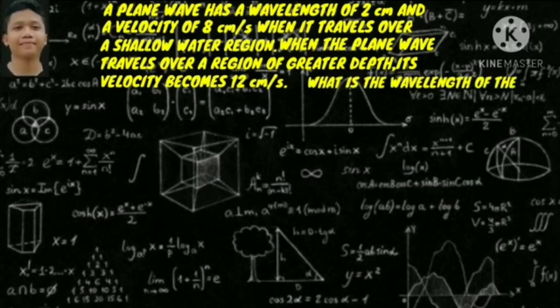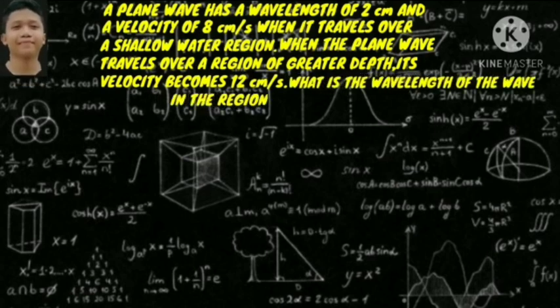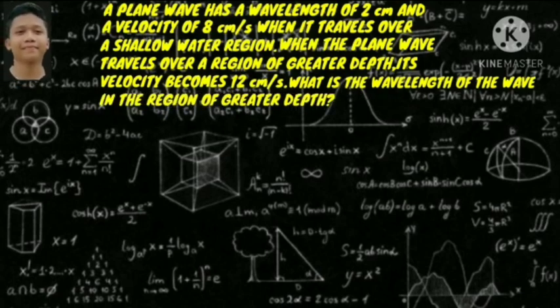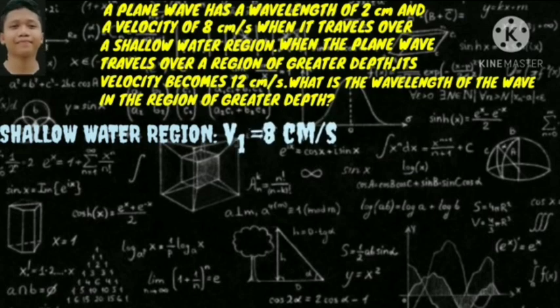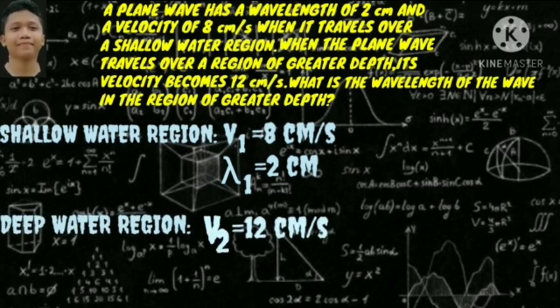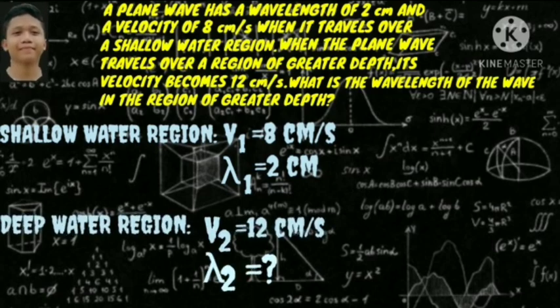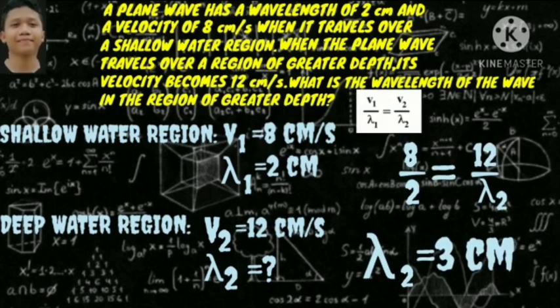What is the wavelength of the wave in the region of greater depth? Now let's do it. For shallow water region, we can identify v is 8 cm per second and λ is 2 cm. For deep water region, the velocity is 12 cm per second and we have to find λ. Calculate by using the formula and the answer is 3 cm.